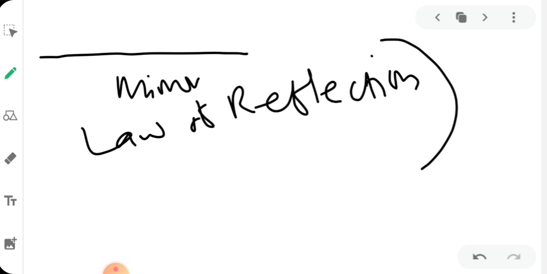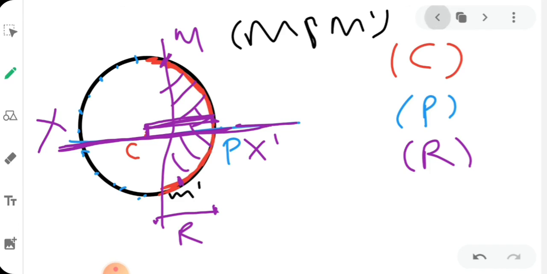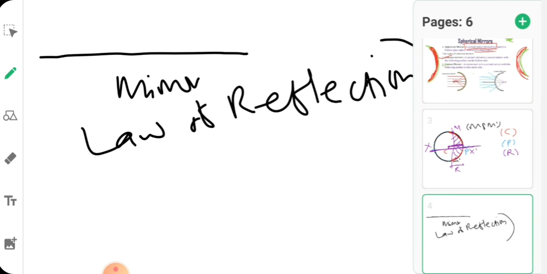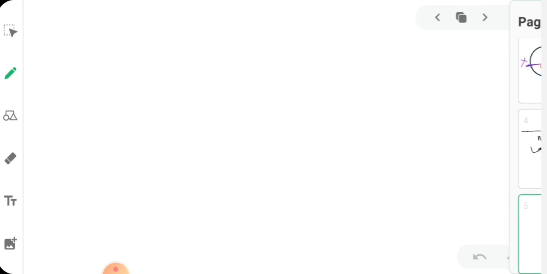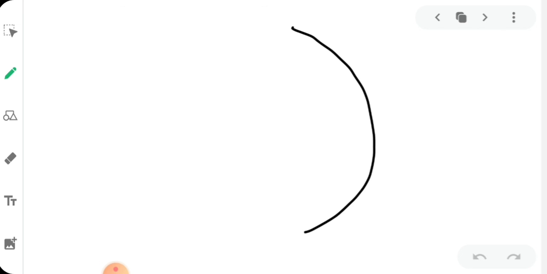Then at any point Q on the mirror, where is our point Q? Just imagine that from anywhere we take a point Q on the mirror. The normal is the line joining the point and the center of curvature. Suppose that we take a spherical mirror over here. Okay, there is any point Q on the mirror.